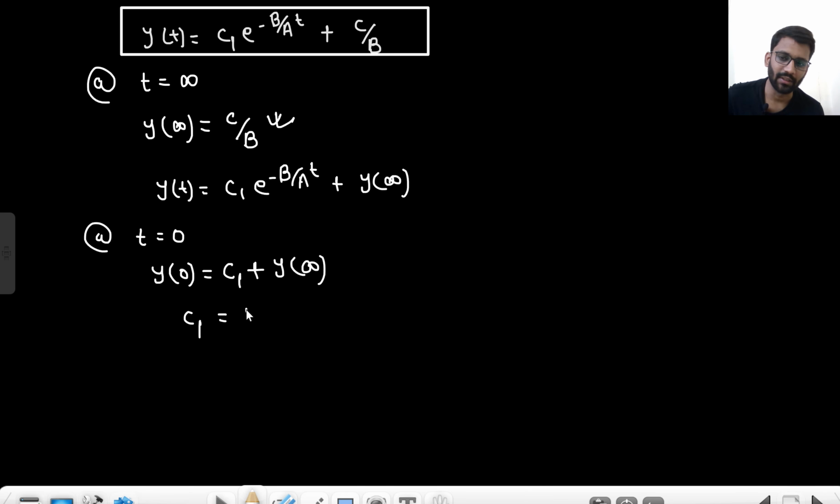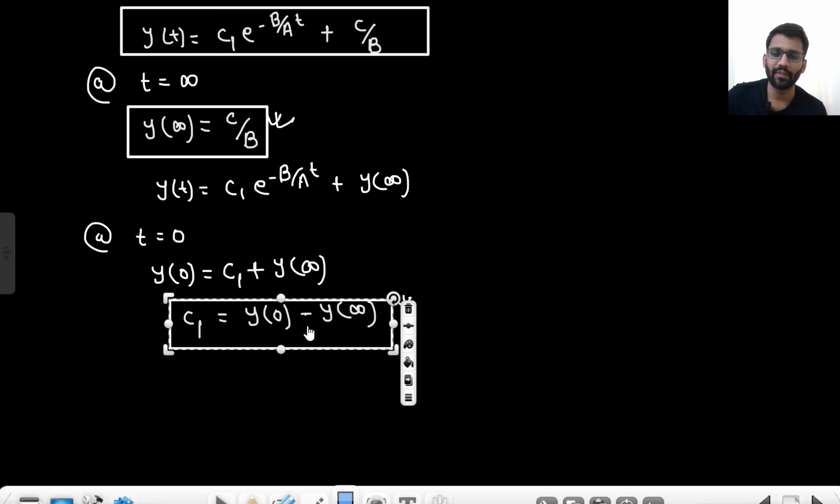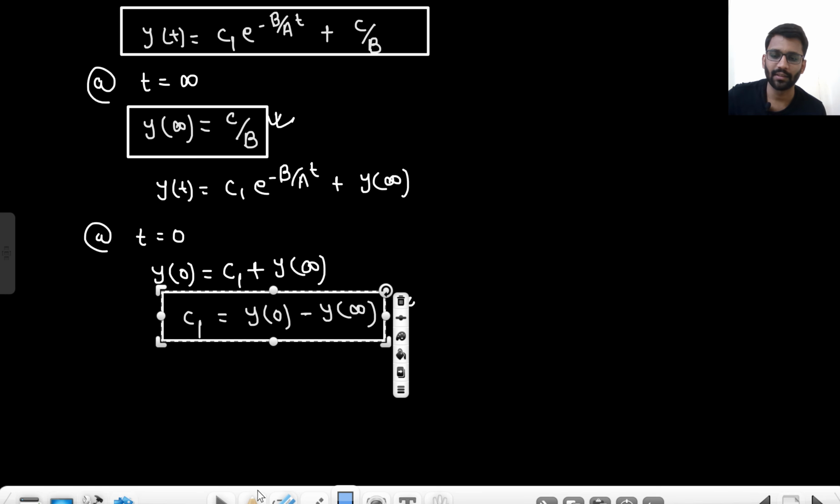So what will be your C1? C1 will be y naught minus y of infinity. I can put these two in the box as well. You have found the value of C1 and also y of infinity: y of infinity is c by b and C1 is y of 0 minus y of infinity.